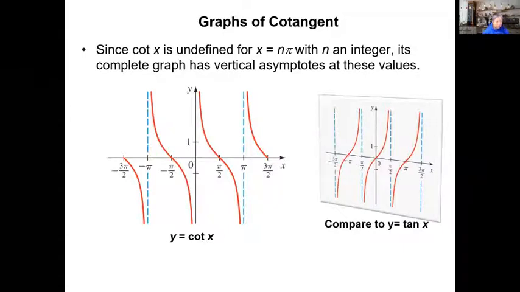Where the tangent graphs have zeros, the cotangent graphs have vertical asymptotes. Where the tangent graphs have vertical asymptotes, those are the exact same values where cotangent graphs have zeros.